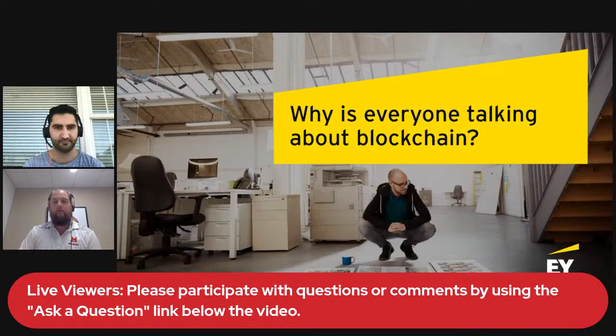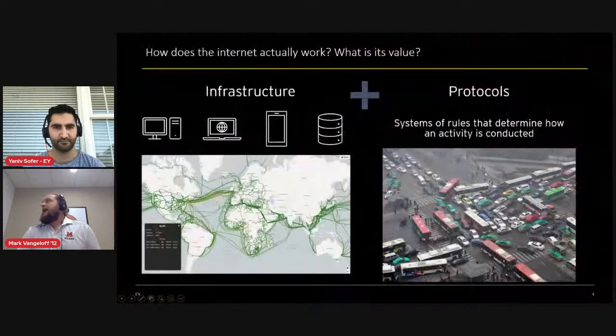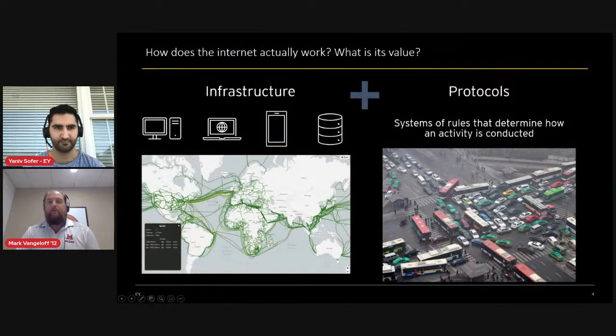So why is everybody talking about blockchain and why is it important? Well, to answer that question, it's really important to understand how the internet as we know it currently works. This is what gives you a frame of reference to understand why blockchain technology is so important. And so if you really boil the internet down to a couple basic components, you get two things, right?